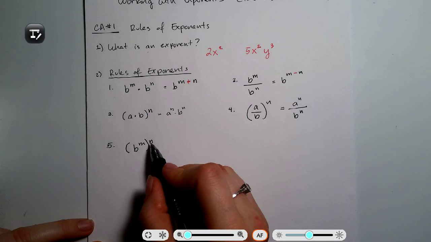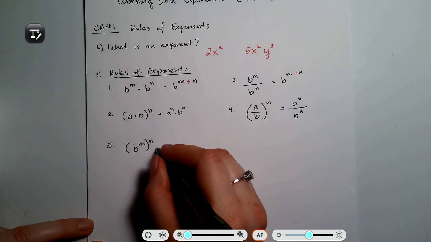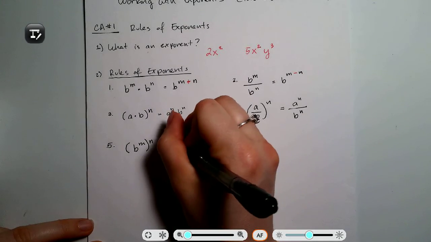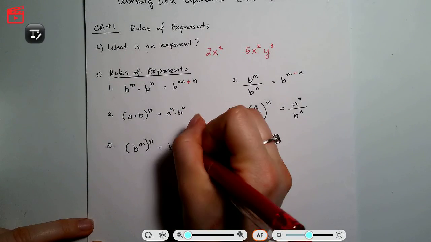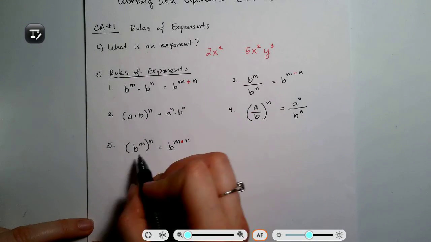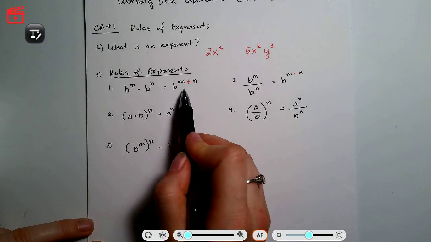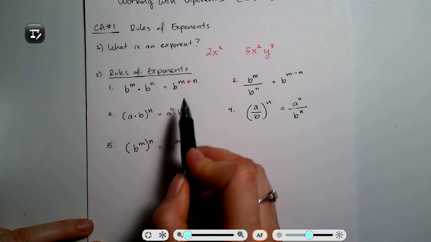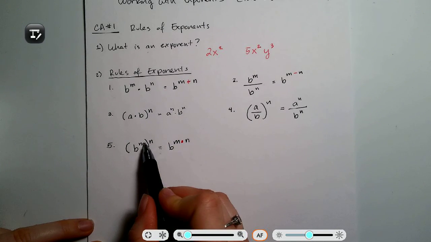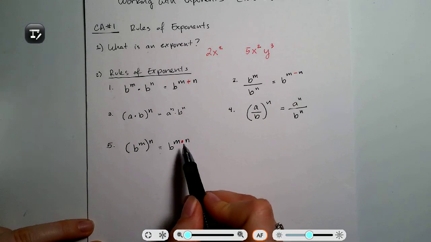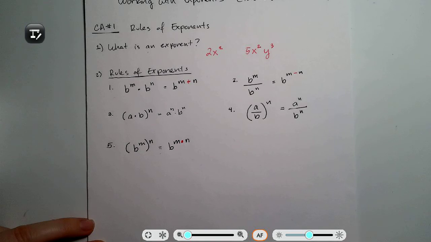So when we have the 2 exponents, what happens is we keep the base and the exponents end up multiplying to each other. Okay, so this rule is different from the first one. In the first one, we add the exponents. But for this one, because it's one power being raised to another power, you're going to end up multiplying the exponents together. And we will look at examples of these, so don't worry.